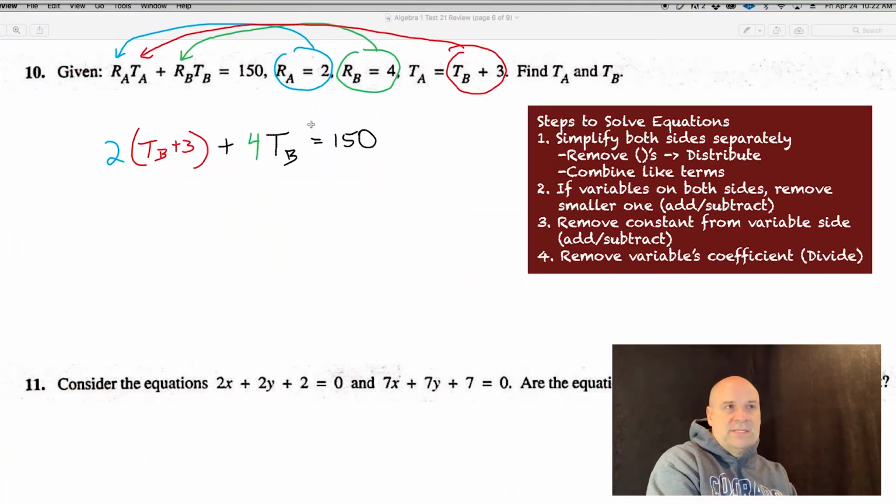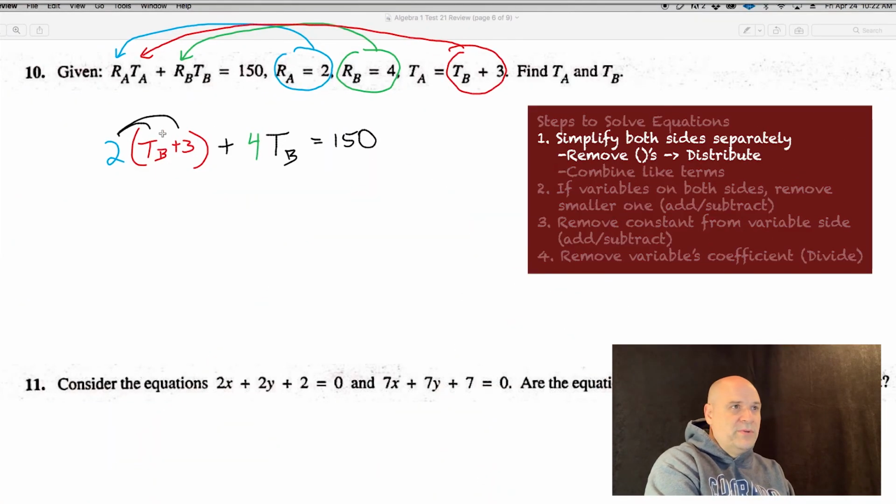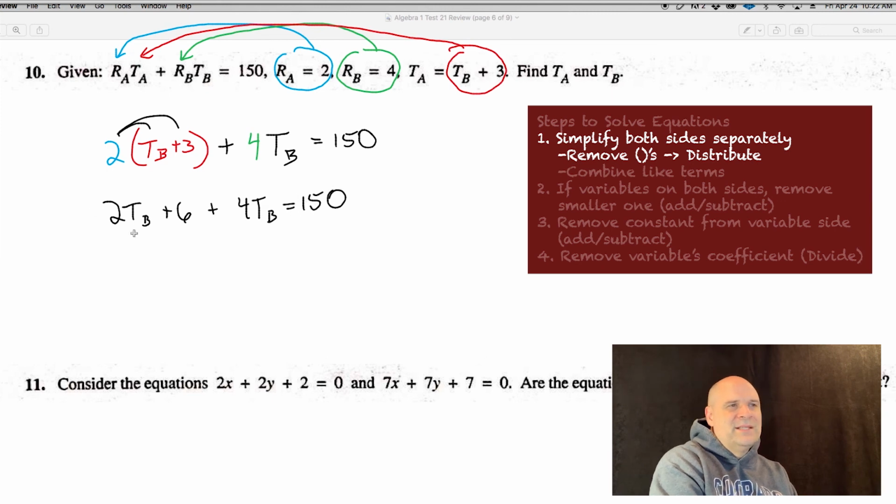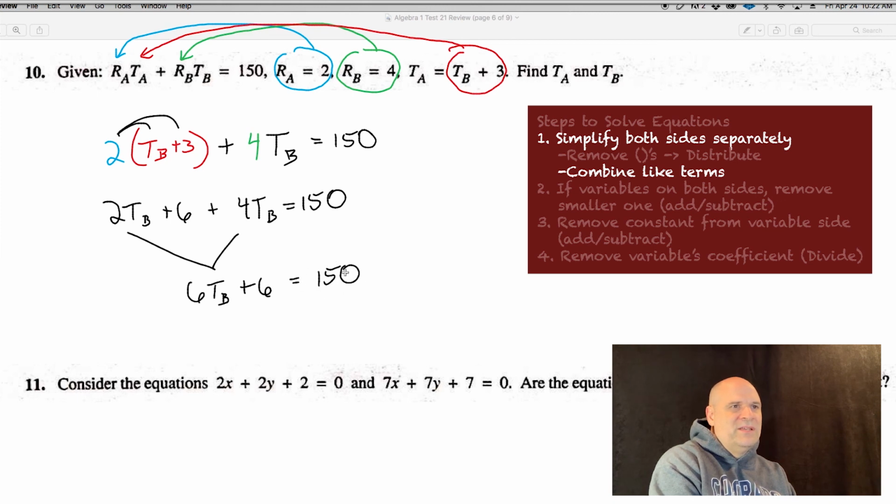All right, first step to simplifying is distribute, get rid of parentheses. So 2TB plus 6 plus 4TB equals 150. Second step to simplifying both sides separately is combine like terms. We have 2 TBs and 4 TBs, so that's 6 TBs plus 6 equals 150.